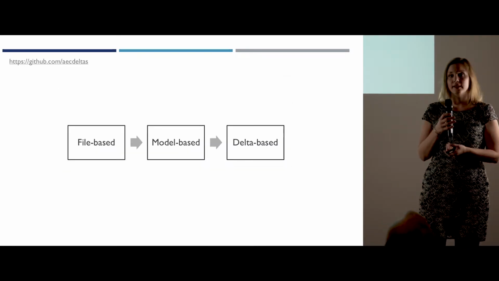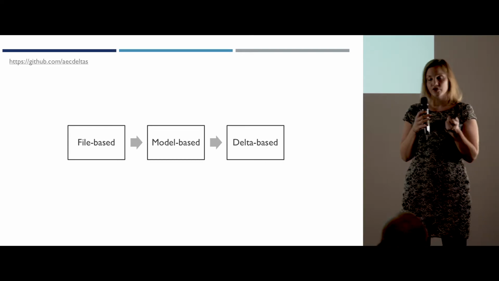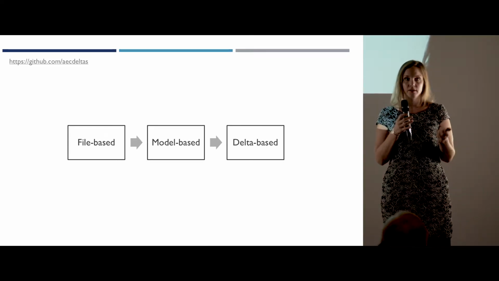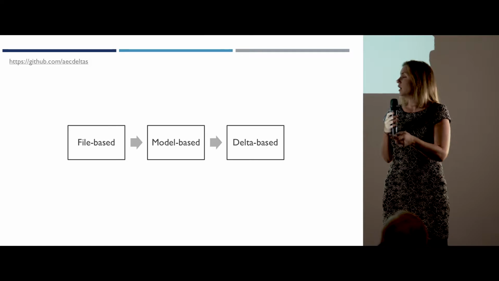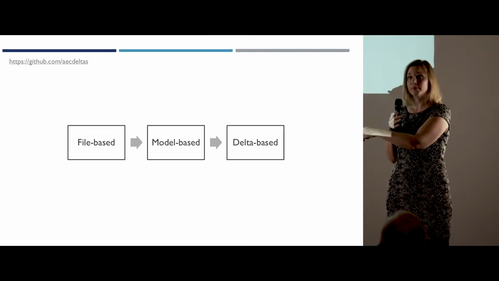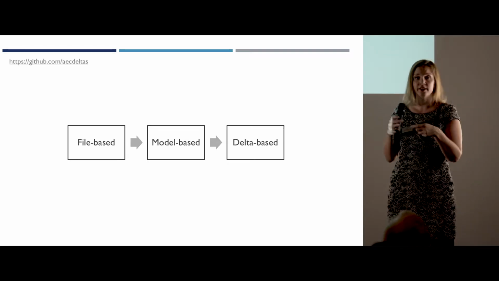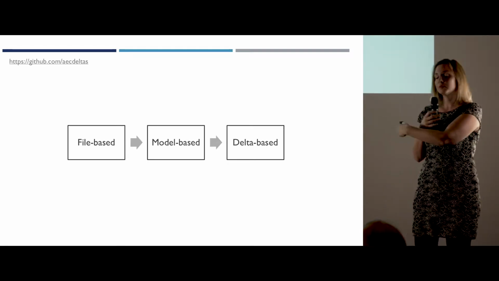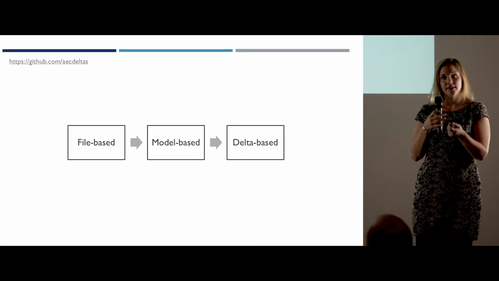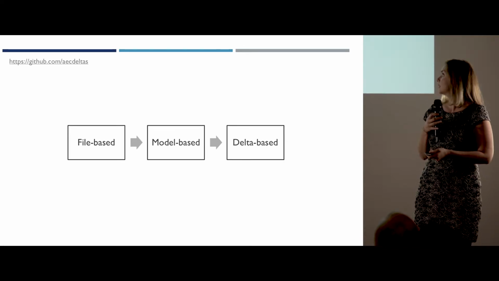And the main idea is that we want to discuss exchanging information in construction, in the AEC industry, not through a file-based or model-based approach, which is essentially what we're doing now. Hey, here's my file, take it, or here's my model, take it. But discussing more about deltas, so essentially differences between files.